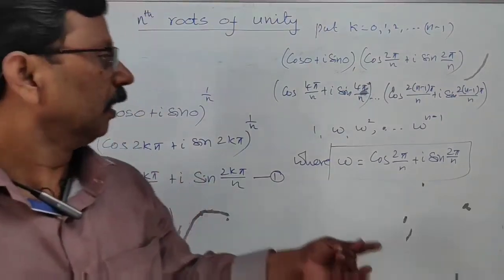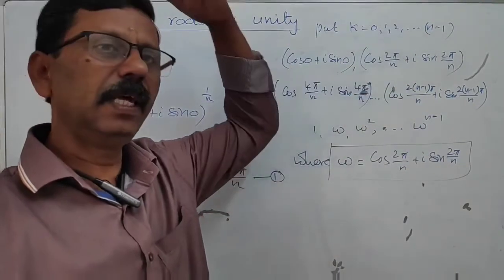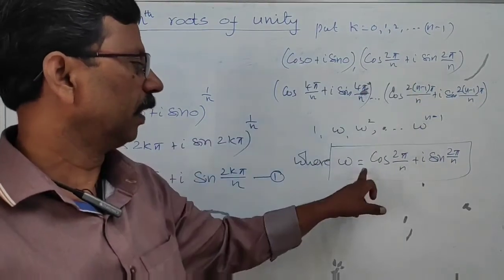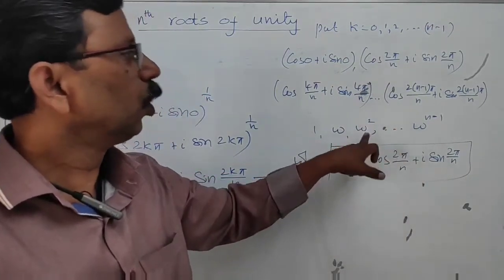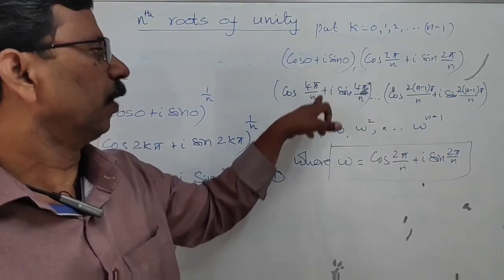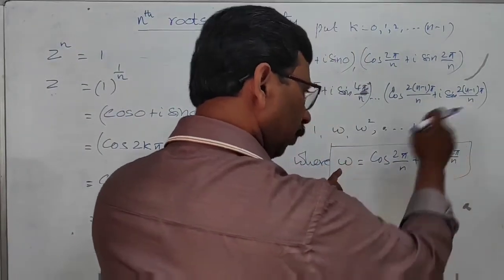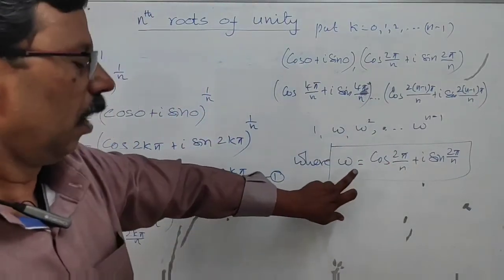Whatever be the roots of the complex number, whenever you put k equal to 1, that root can be considered as omega. This is omega. Now if you square this one, you will get cos 4 pi by n plus i sin 4 pi by n, because while squaring you apply De Moivre's theorem.